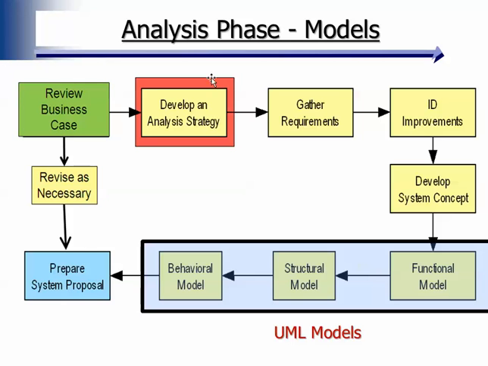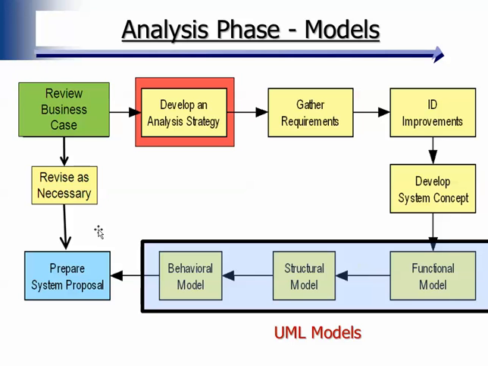But there's a number of steps that you go through before you get there, and one of the things highlighted here are 3 different types of UML models. So Unified Modeling Language, this is what we're going to start up in our next set of classes, showing you how to create models that can be used both by business people and by software developers to describe a system.